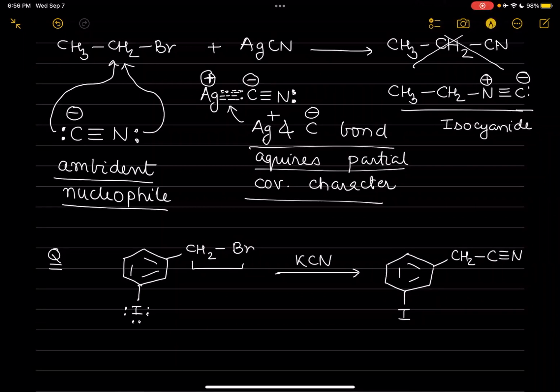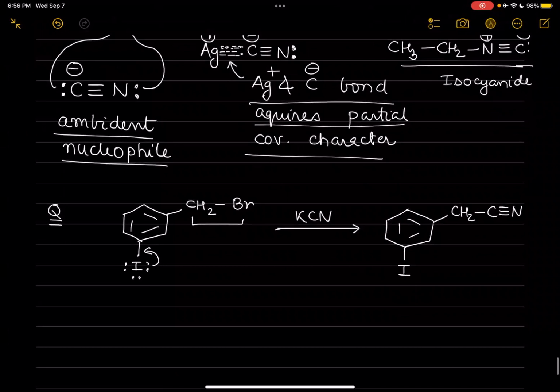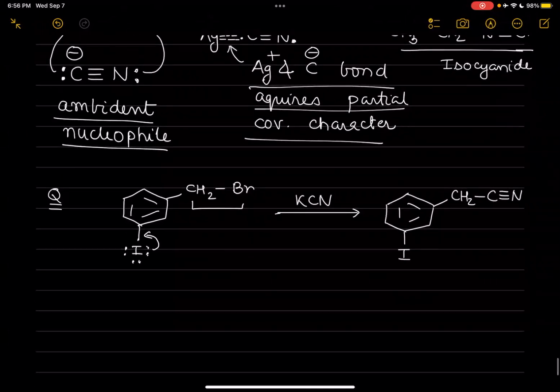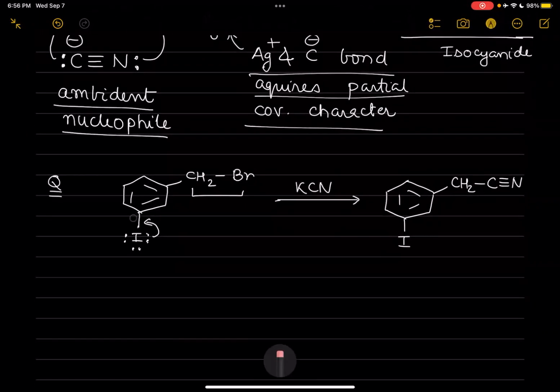Ryan, this iodine lone pair and the benzene double bond get mixed up. This mixing of electrons is delocalization or resonance, due to which it acquires partial double bond character. Is it clear?